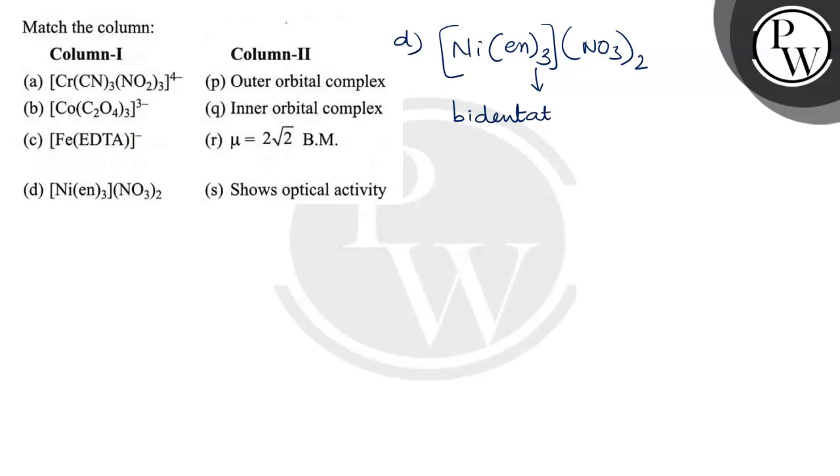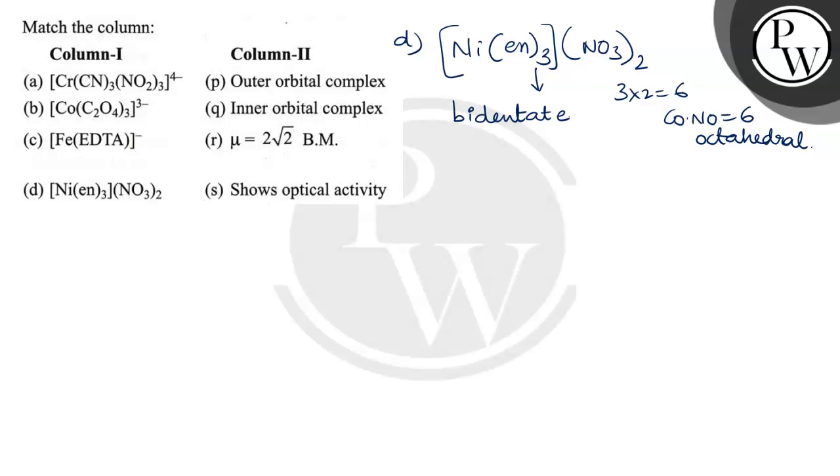It is a bidentate ligand, meaning each en can form two bonds. So there are three en, 3 twos are 6, so 6 coordinate covalent bonds are forming. So the coordination number is equal to 6 and it forms an octahedral complex.